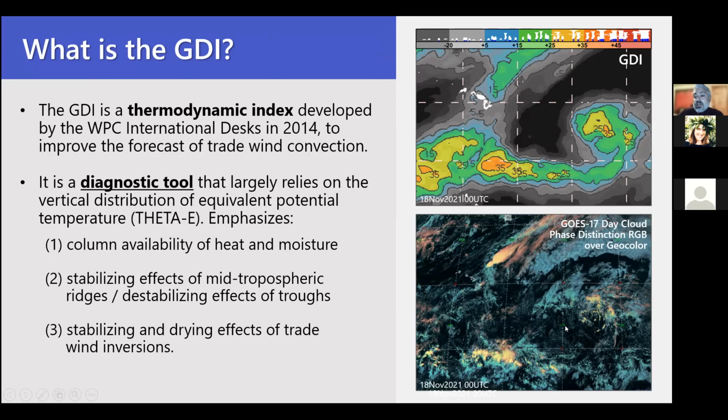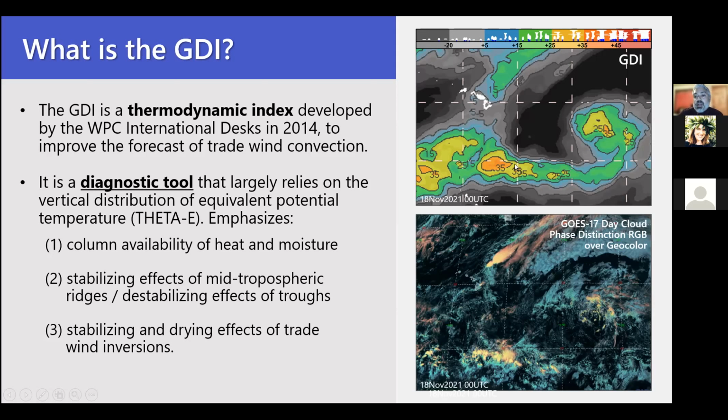Then we have a TUD low located to the east of Hawaii, and you can see this deep convection going off in the yellows. And then along the ITCZ, you can see some convection also going off to the south of this latitude. So basically, the GDI was able to capture the instability associated with the trough.